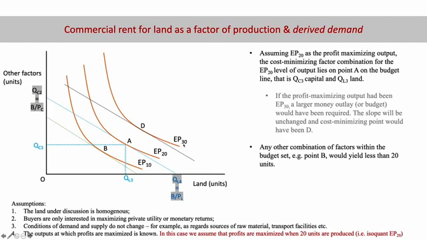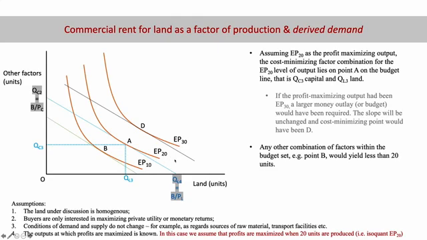Now assume a different scenario, that if the profit maximizing output would have been EP30, then you would have required a greater budget than the blue line. And greater budget means the line will move parallel, but the slope will not change, because the prices of commodities and the prices of factors of production are not changing.